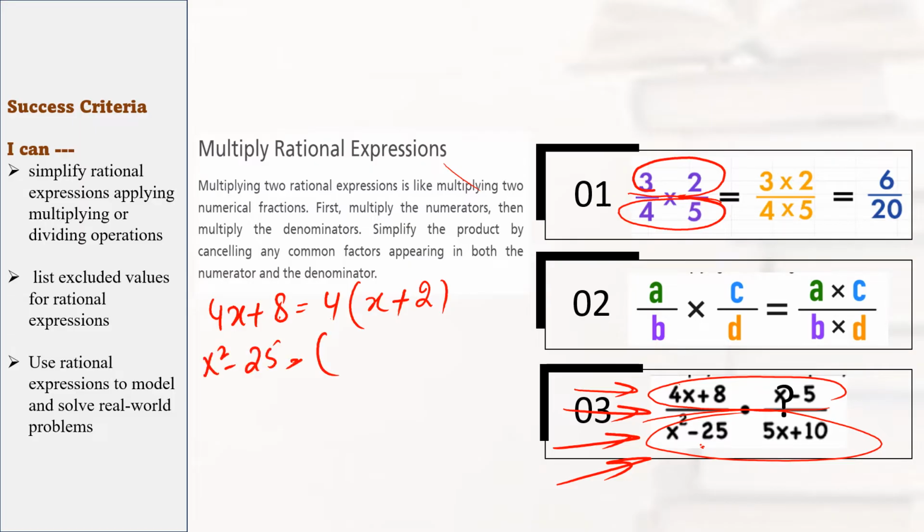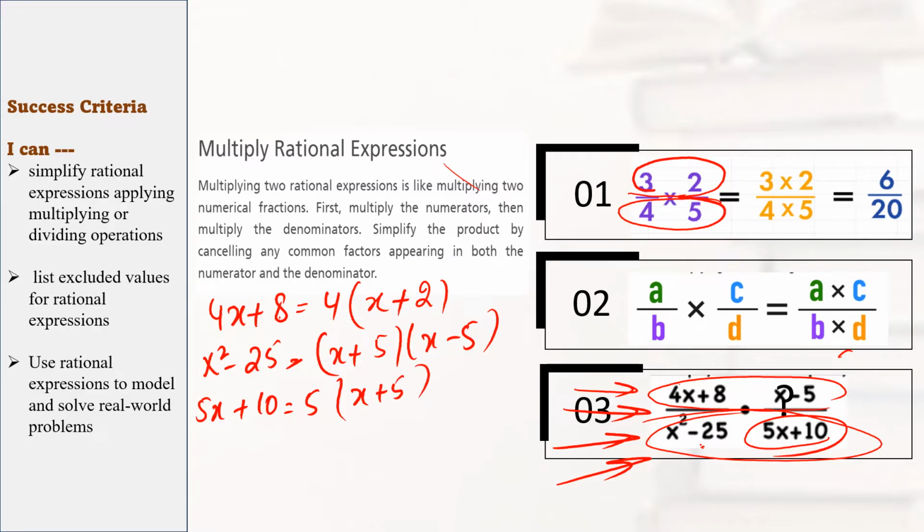I have just studied that in order to factor, I can make it x plus 5 and x minus 5. Here 5x plus 10, if I take the 5 common, I will be left with x plus 2. Just put it in place, the simplified form. So 4x plus 8, I will write only 4, x plus 2.